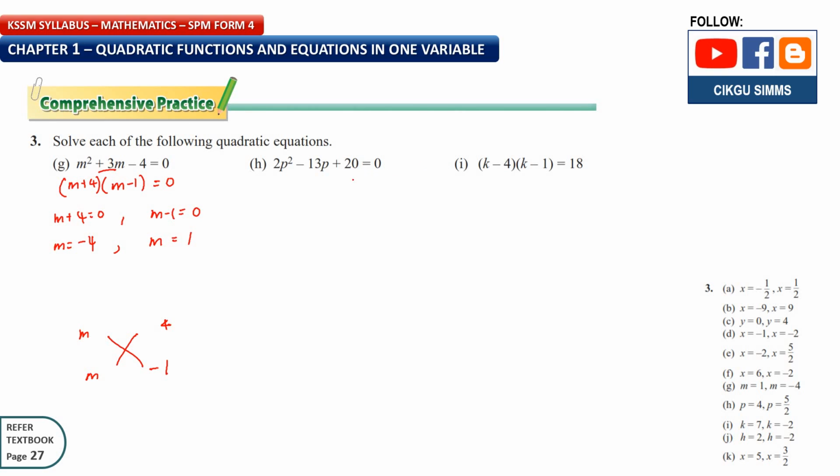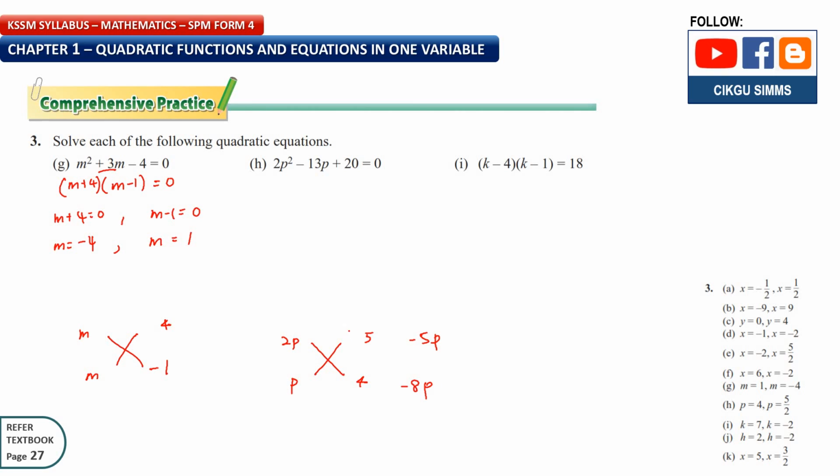Okay. Let's solve the next one. Okay. 2p times p is 2p squared. And then, let me test first. 5, 4. Okay, 5, 4 is correct. Okay, 5 times 4 is 20. And then 5 times p is 5p. 4 times 2p is 8p.